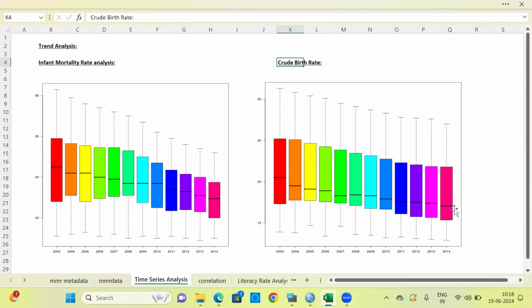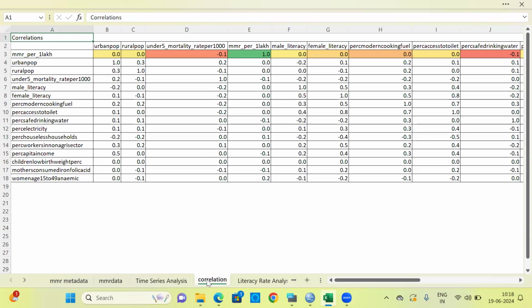Let's now proceed to study another set of analysis. I'll now be showing you the heat map. This is the correlation matrix. I've taken a lot of variables here like maternal mortality rate per 1 lakh. I've also taken variables like urban population, rural population, male literacy, female literacy, so on and so forth.